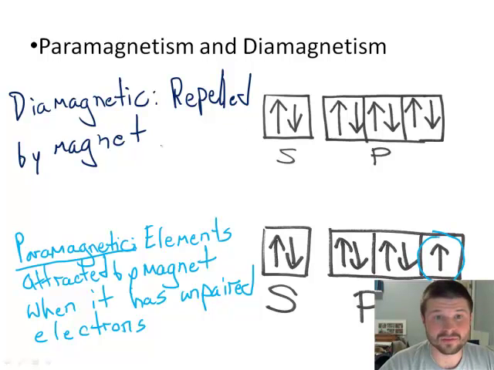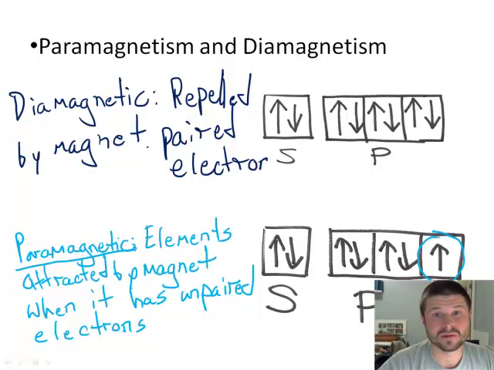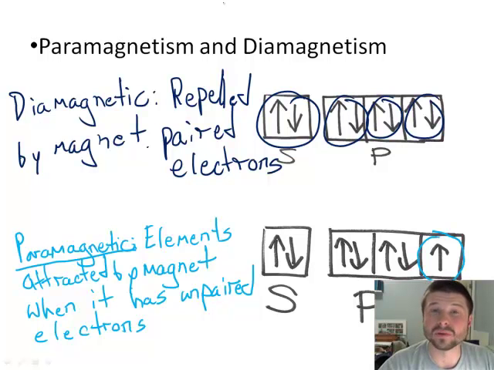That's because they have all paired electrons. Okay, so it's got paired up there, there, there, and there. So it is repelled by a magnet. So those are the two terms you have to deal with. If it asks you to write the configuration and then determine whether it is paramagnetic or diamagnetic, that's how you would figure out what they're talking about.